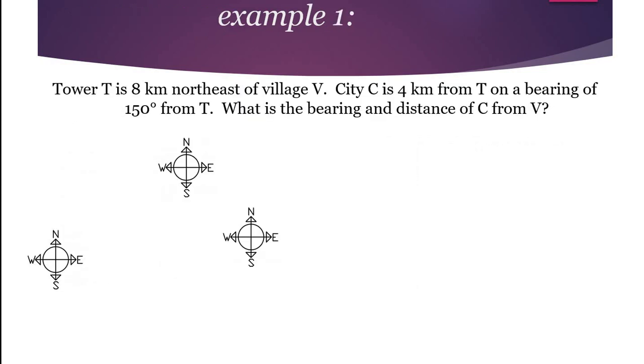All right, so let's do an application problem so you can see how this is used. The hardest thing is when it says to and from to figure out starting, ending point. All right, so we have tower T is northeast of village V. So if tower T is northeast of village V, that means this is T and this is V. Now if something says northeast, southeast, southwest, that's assumed 45 degrees.